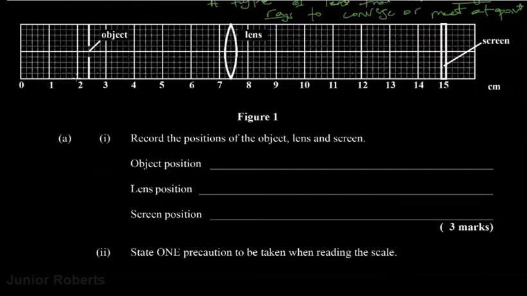So each of these small lines actually represents 0.2 centimeters. Right now, our object is at the second mark after our 2 centimeter mark. So it's 2, 2.2, and 2.4. So you're correct, Daniel. This is 2.4 centimeters. That's the position of our object.